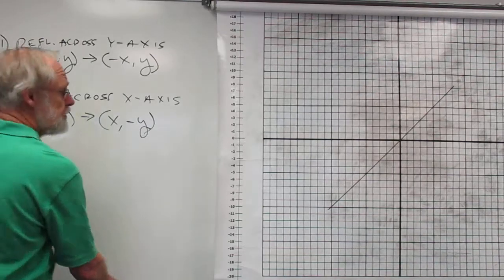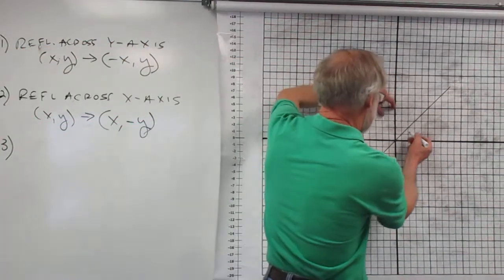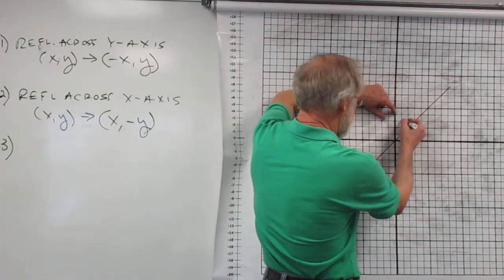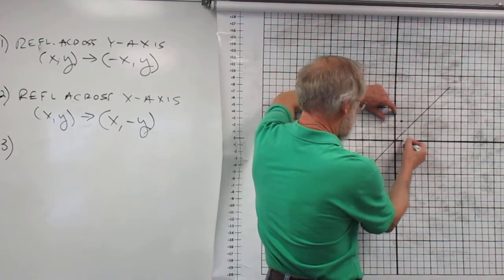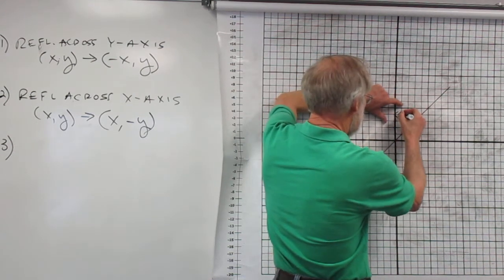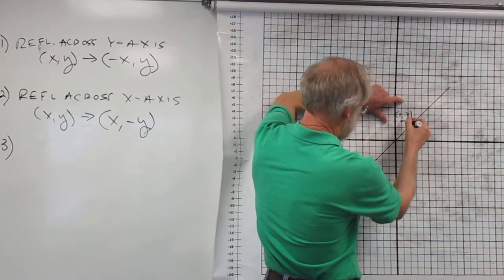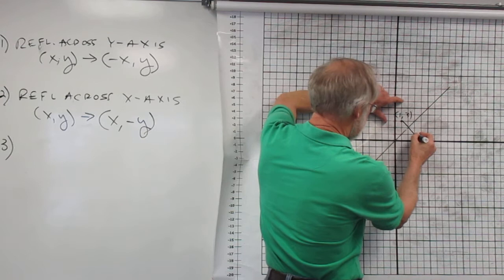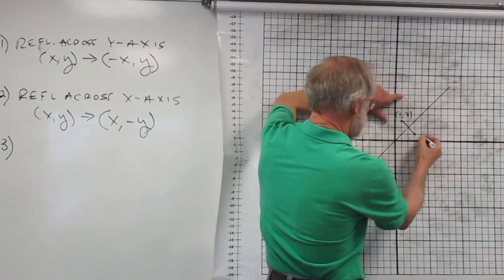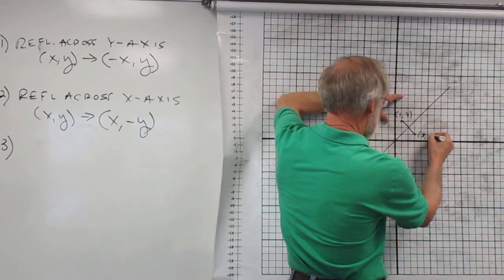All right, now let's take a point that we want to reflect. I'm going to go to here, and that is 1, 3. And its reflection is right here, because I want to make a perpendicular. And that would be 3, comma, 1.